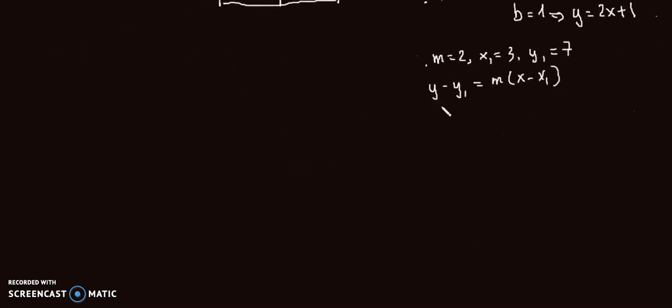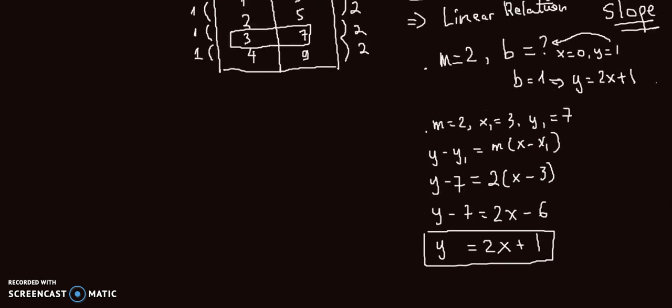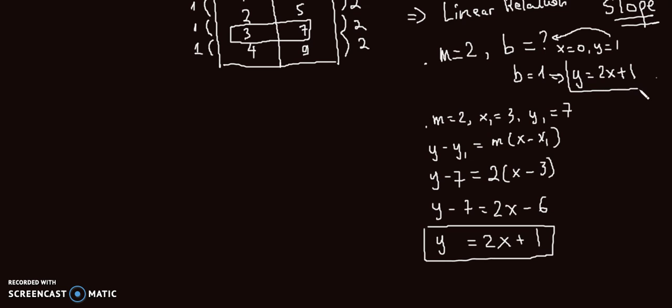So y minus 7 equals 2 times x minus 3. I just have to simplify: y minus 7 equals 2x minus 6, and I add 7 on both sides, so y equals 2x plus 1. Voila! We have two approaches, but the same result.